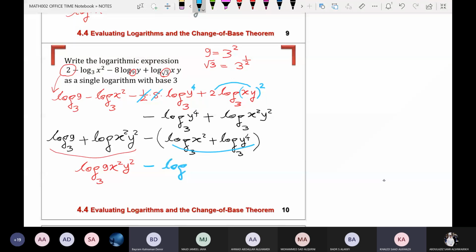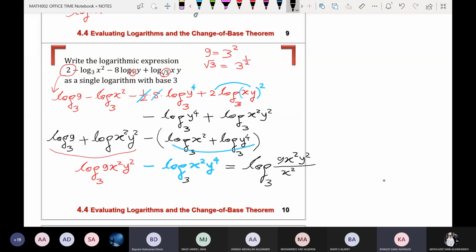Now I have a fraction, Shabab. The subtraction becomes a fraction. So logarithm of, base 3, let's not forget it. Base is 3. So 9x squared y squared divided by x squared and y to the power 4.